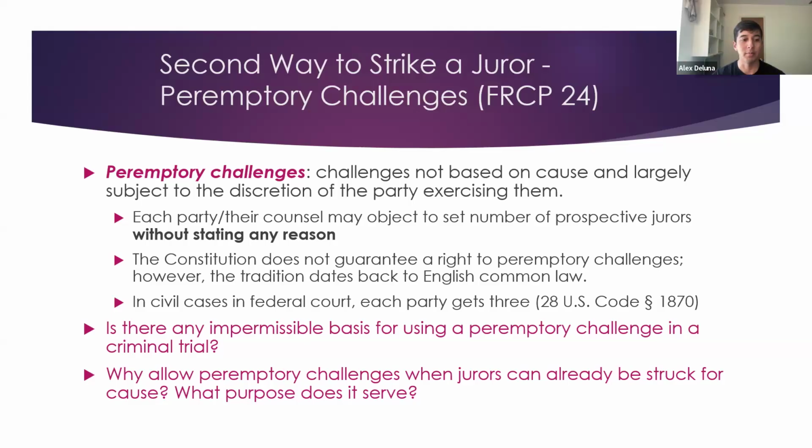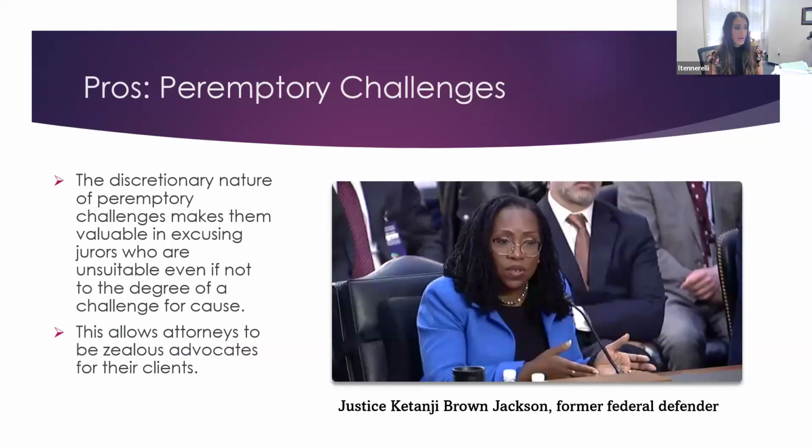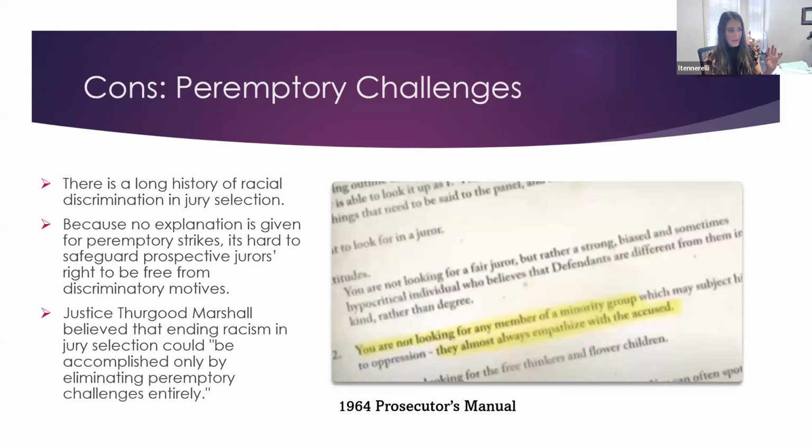It doesn't allow someone to participate in the legal system as a juror. Yeah, and it can be used in a discriminatory way. On the one hand, it allows people to be a zealous advocate. On the other hand, it has been used as a tool for racial discrimination and discrimination against women, discrimination in all sorts of contexts.